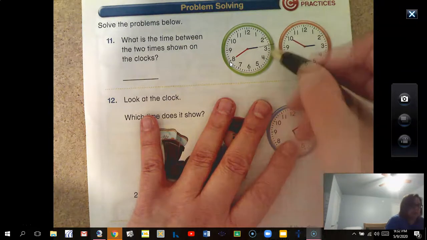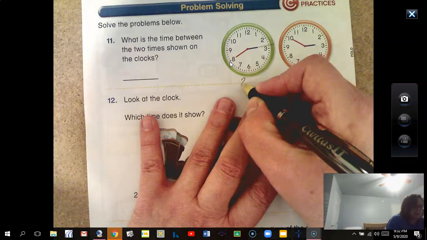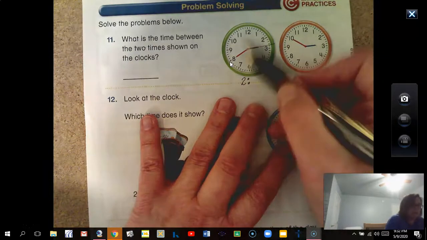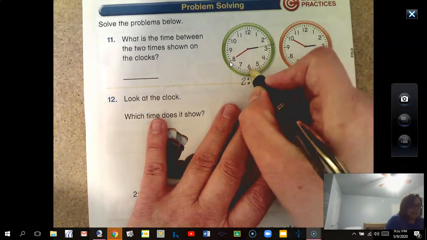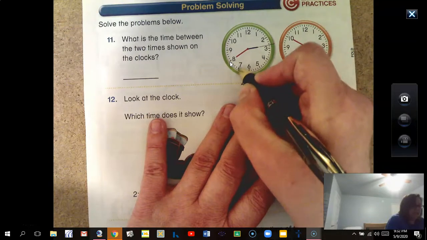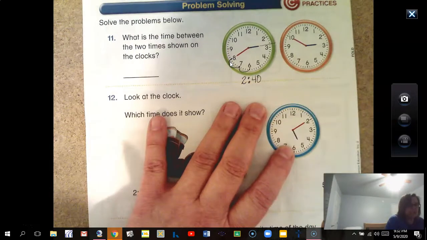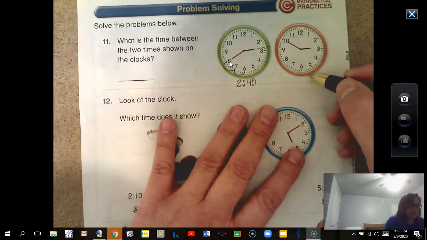And it's between the 2 and the 3. So we know it is 2 something. It has not reached the 3 yet. Let's go to the minute hand. I'm going to start here on the 6, 30, 35, 40. So 2:40.